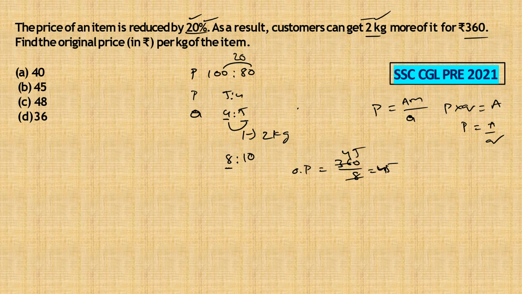If you are asked the new price, then the new price is 360 upon 10 kgs, that is 36. New price is 36, original price was 45. We are asked to find the original price, that is 45, is the answer.